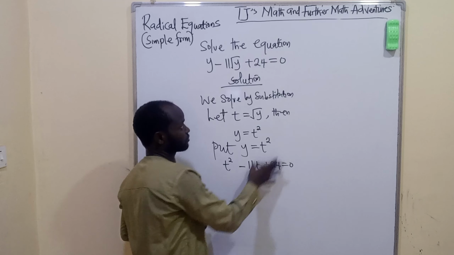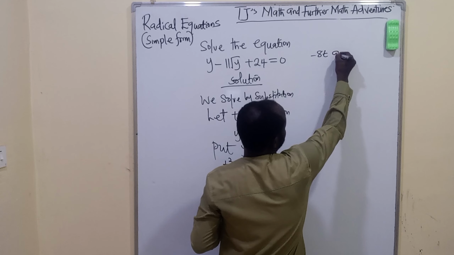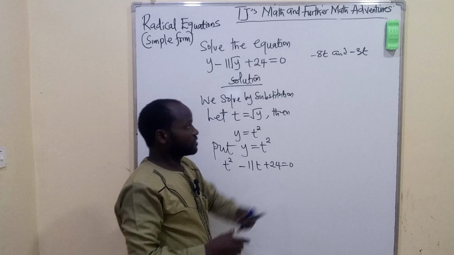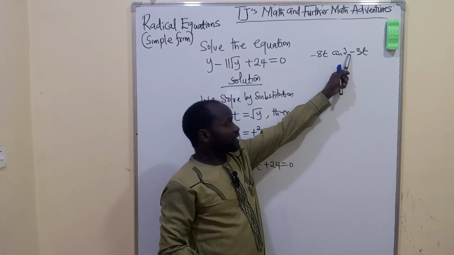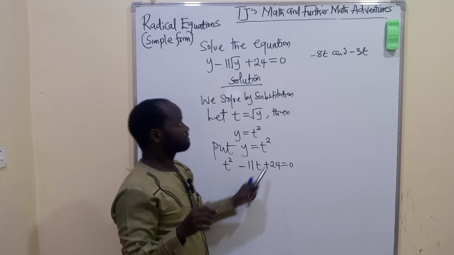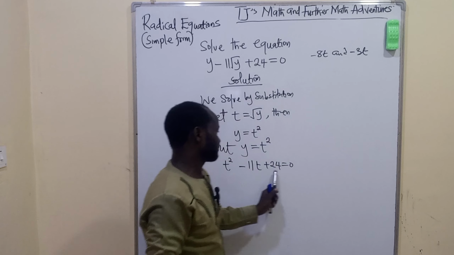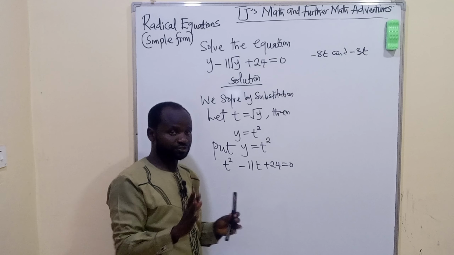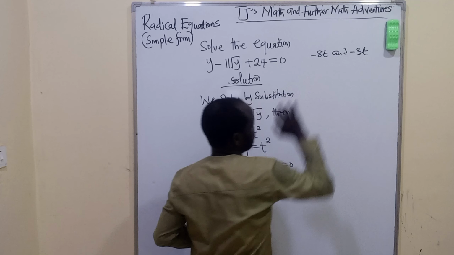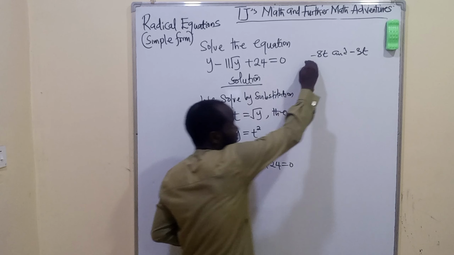The two factors will be minus 8t and minus 3t. Why? Because minus 8t minus 3t will give us the middle term, minus 11t, and minus 8t times minus 3t will give us plus 24t squared. So we replace the middle term with these two factors.